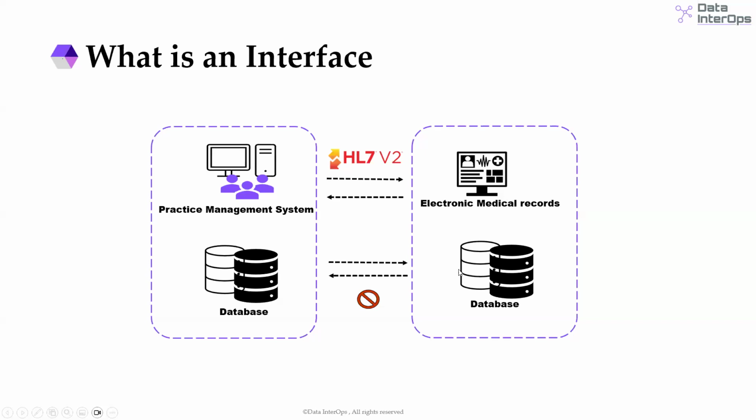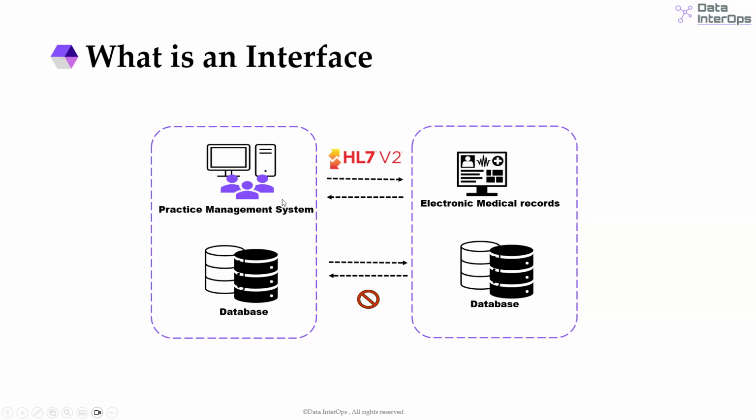Similarly, electronic medical records have their own database. So these two applications will interact with each other with the help of HL7 V2. That's what we have seen in the previous slide. Now, once the data is exchanged, it gets exchanged at the application layer. We'll talk about that in a little more detail in the upcoming slide.